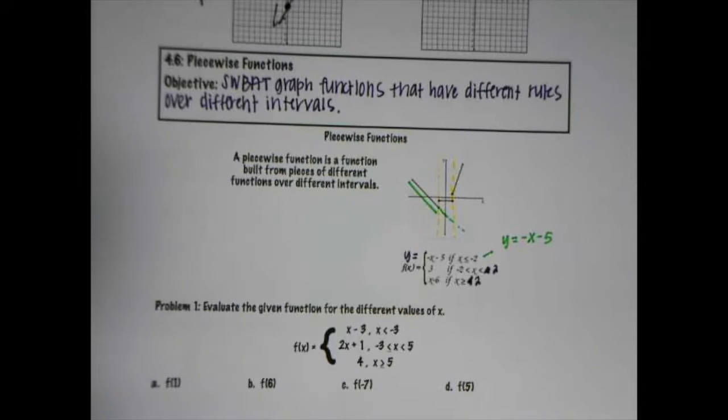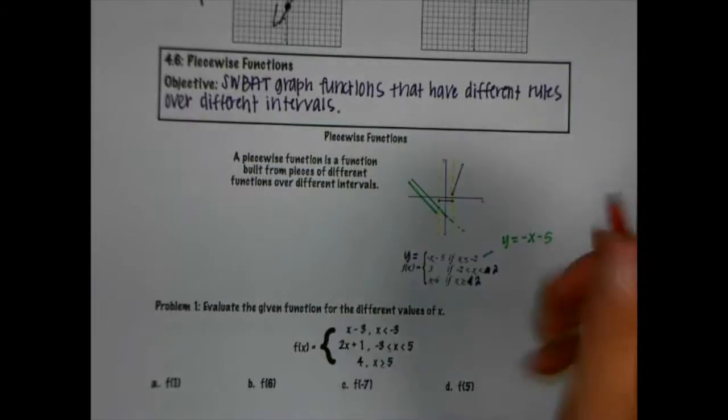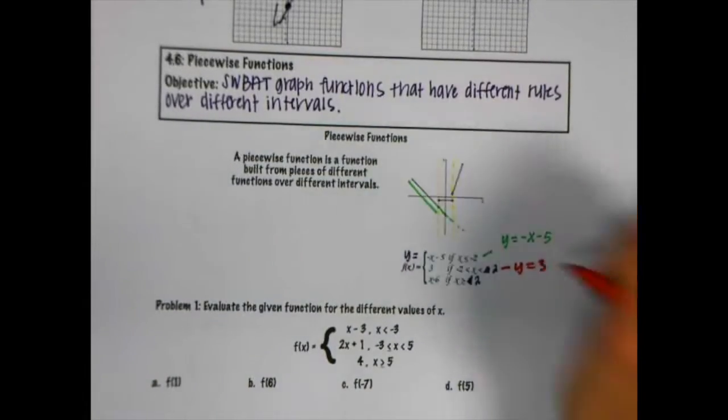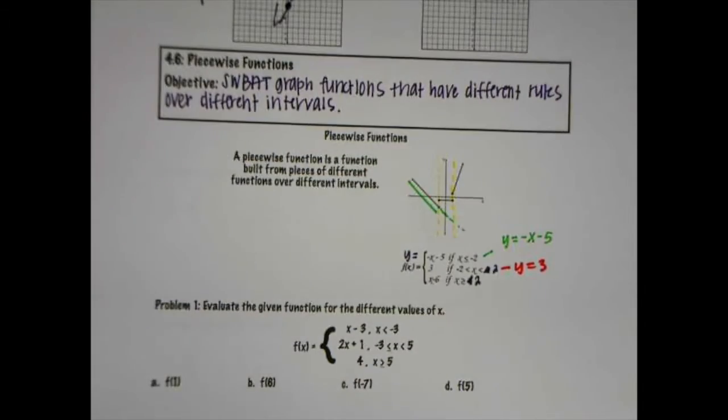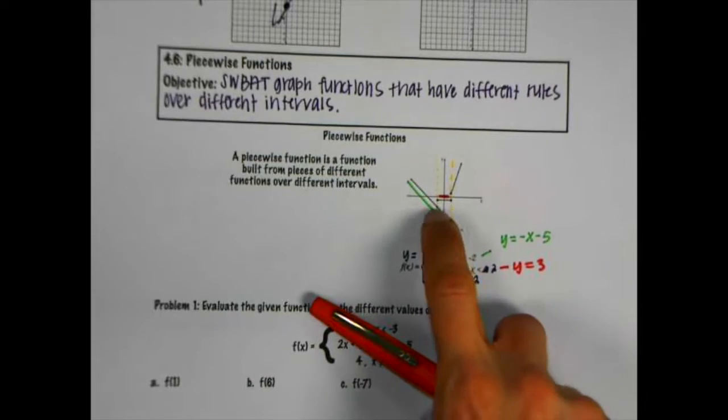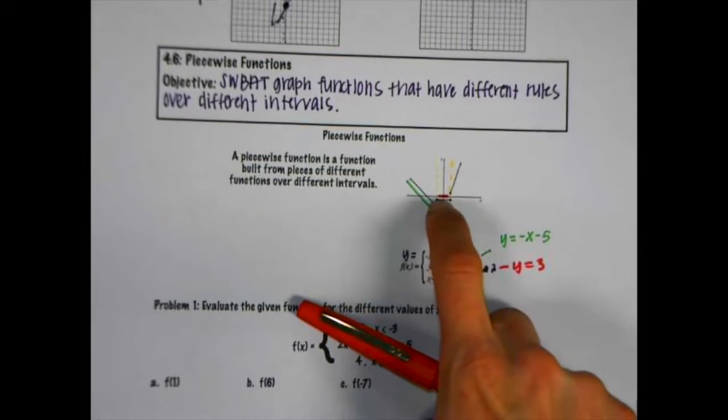Okay? And then the next line is just y equals 3, which is what kind of line? Horizontal line. So that's this one right here. And that's only allowed to exist from -2 to +2, right there. Okay?